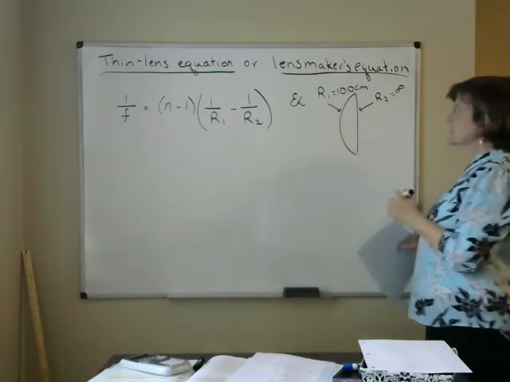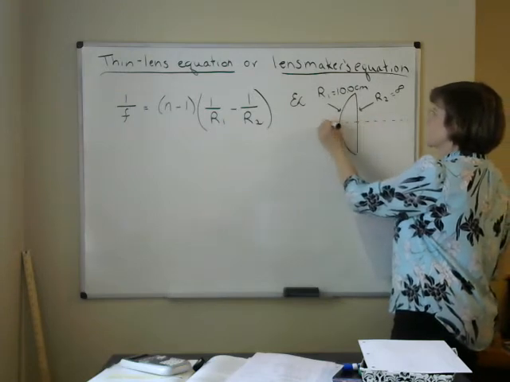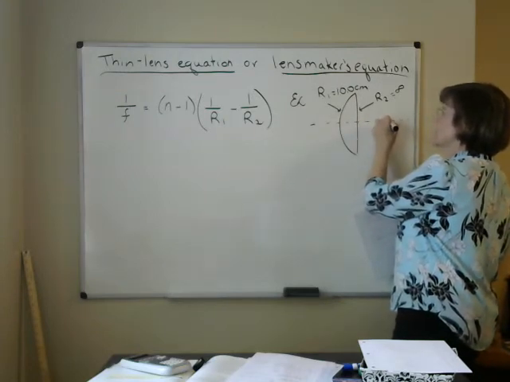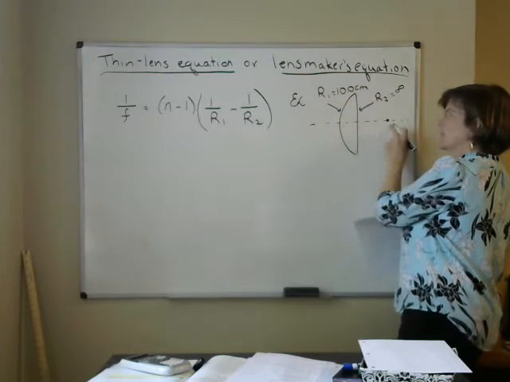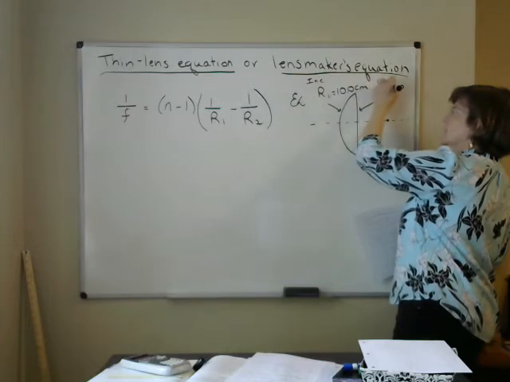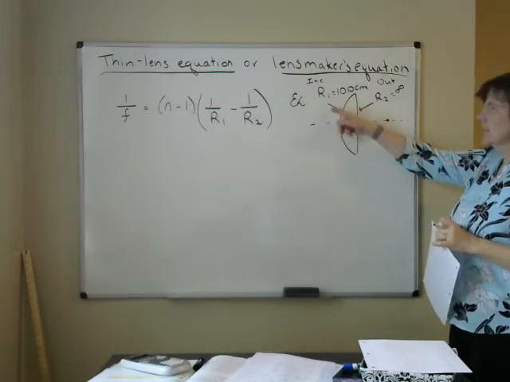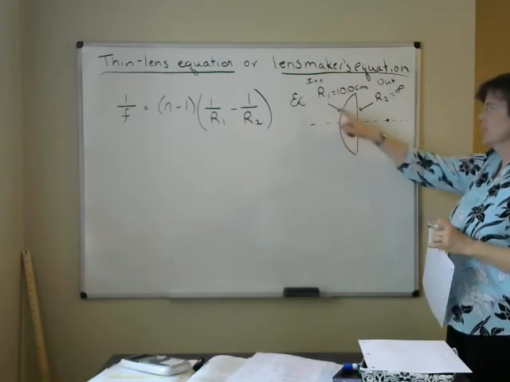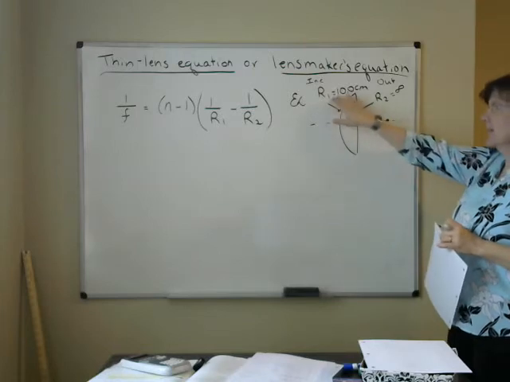Notice, let's look at the signs. If I were to draw the axis, the center of the curvature for this surface, this curve, is over here. Well, this side we normally think of as incoming, this side we think is out. So, since the center of curvature is on this side, that's going to be positive.